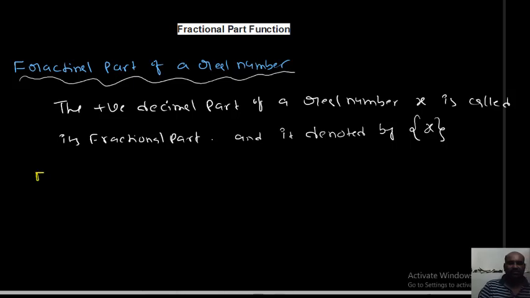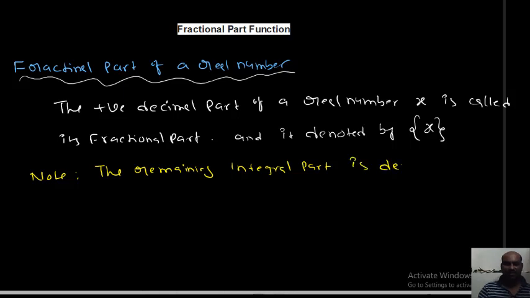So example. Okay, one more thing I wanted before that example, students listen. Note, the remaining integral part is denoted by this symbol, that is called the step function, step x, or greatest integer function.